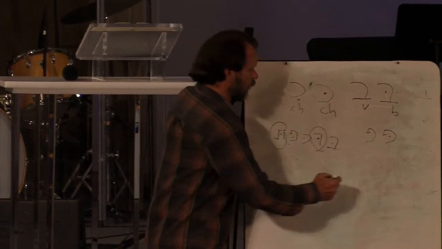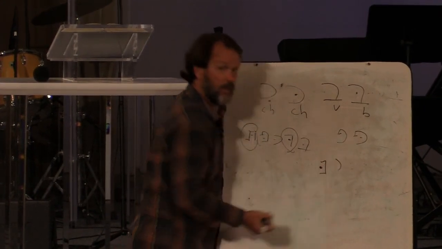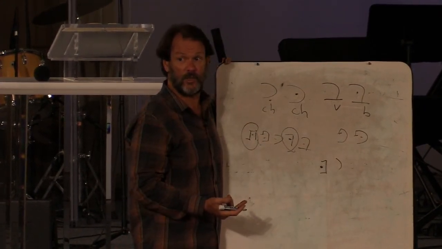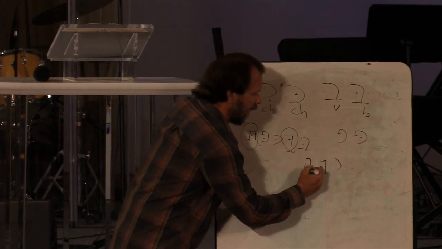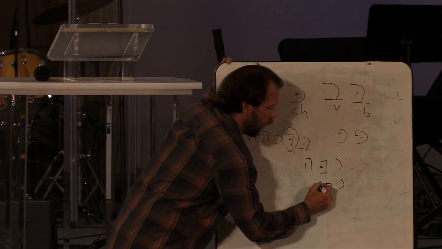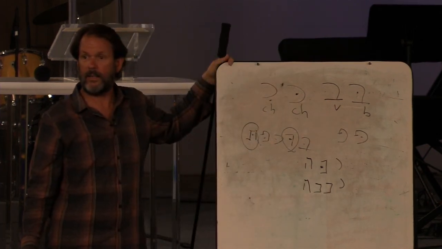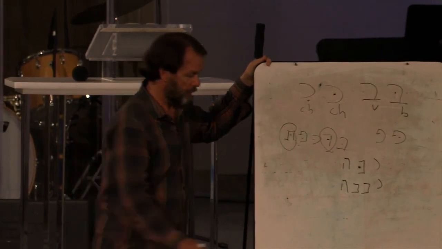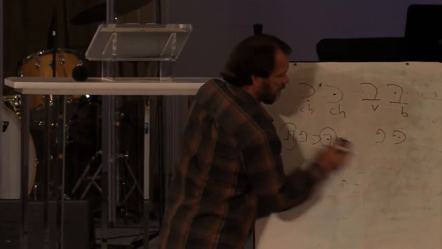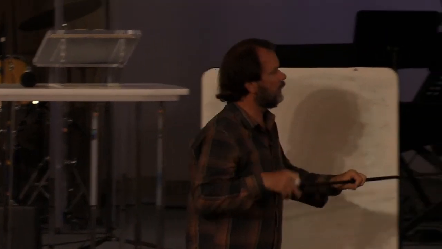So if you saw yod, nun with a dagesh in it, because nun doesn't normally get the dagesh, and a hey, here's how you would write that. You would pronounce it yod, nun, nun, hey. You're going to run into that pretty quickly.